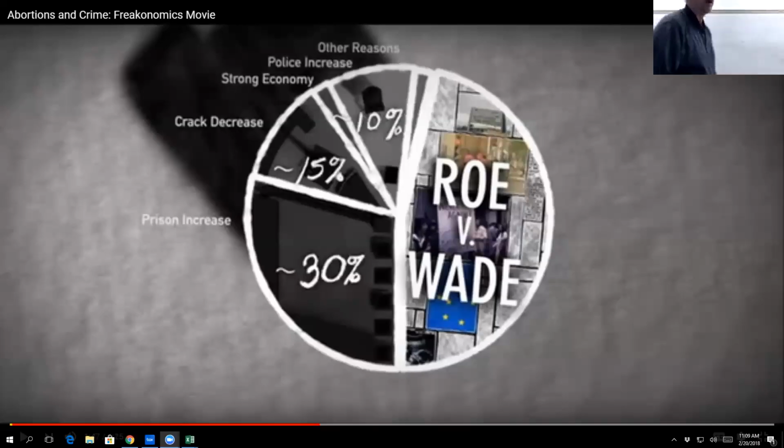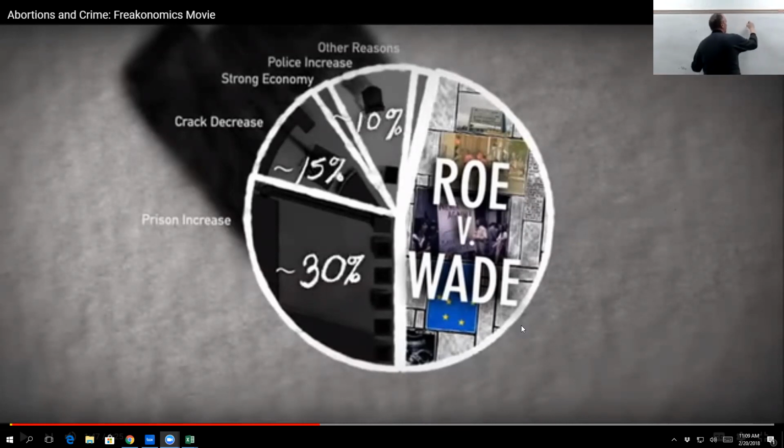Okay. All right. So as we look at this, it says here that the prison increase caused a 30% reduction in crime. Or no, that's not exactly what it says. 30% of the crime decrease can be attributed to the increase in prison. So what we're saying is my R squared equals 0.30. Well, we know that's the correlation squared. What is the correlation?